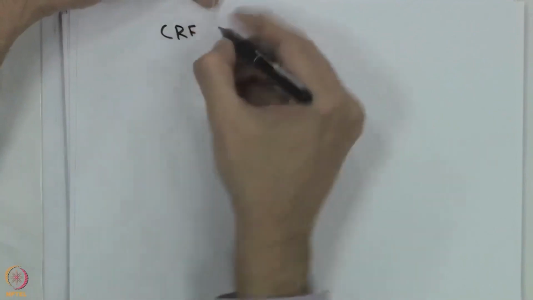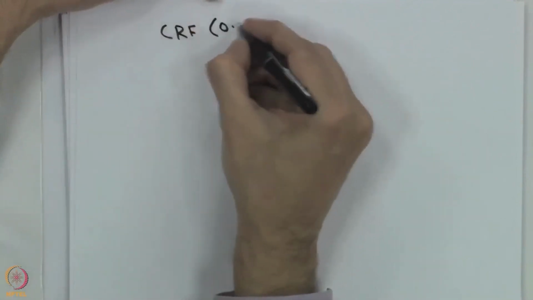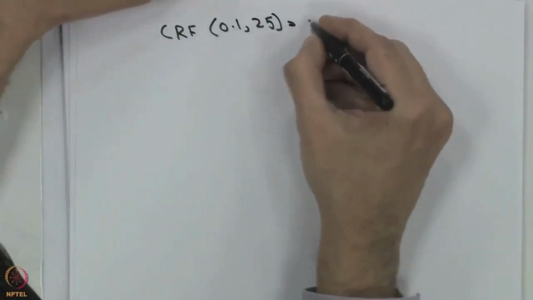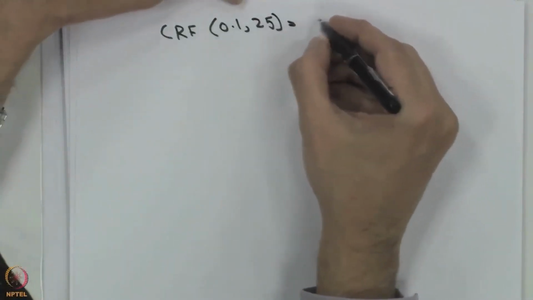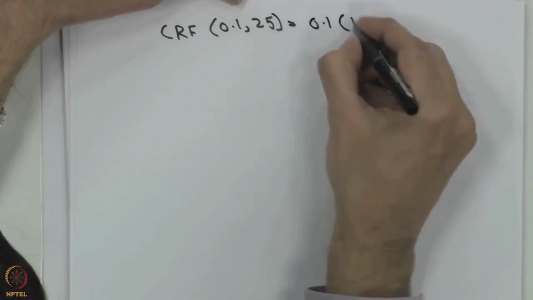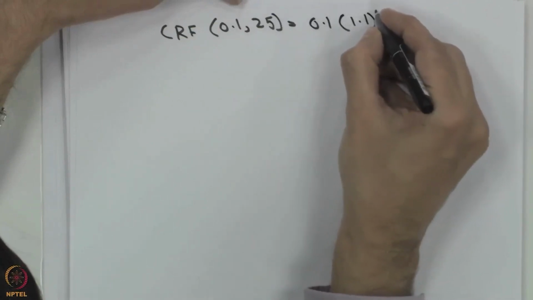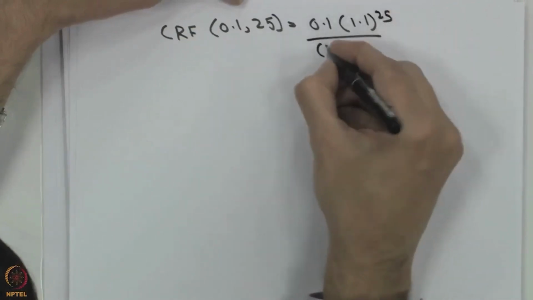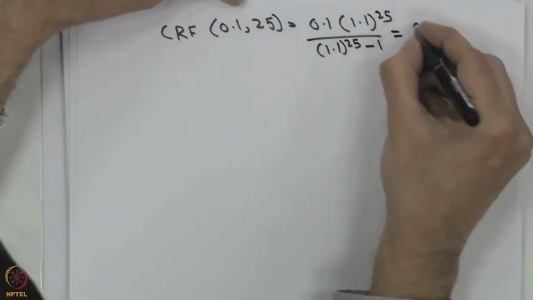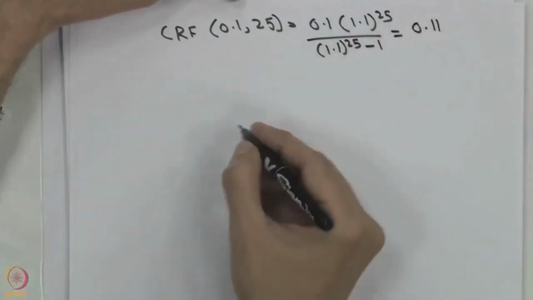Case B, we will have the CRFs which will change. CRF 0.125 is, you can calculate this, 0.1 into 1.1 raised to 25, over 1.1 raised to 25 minus 1, which is just about 0.11.